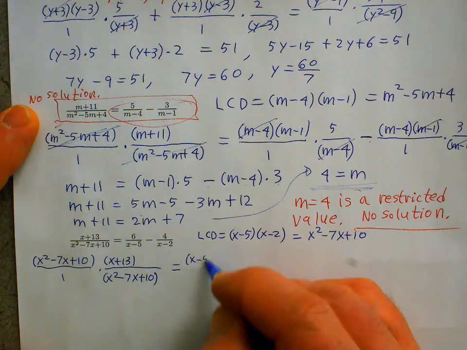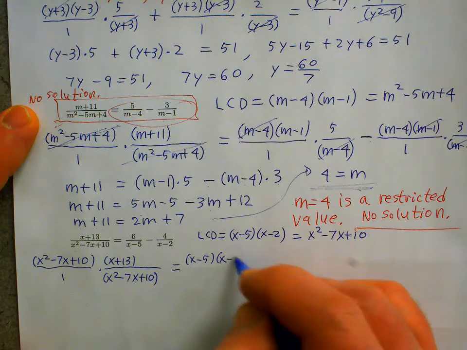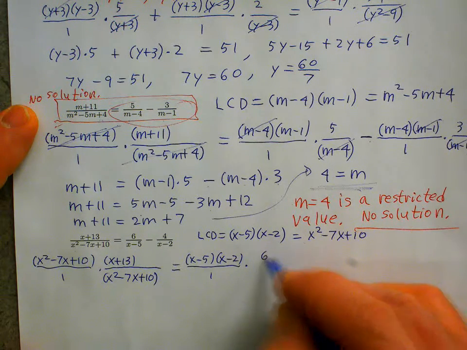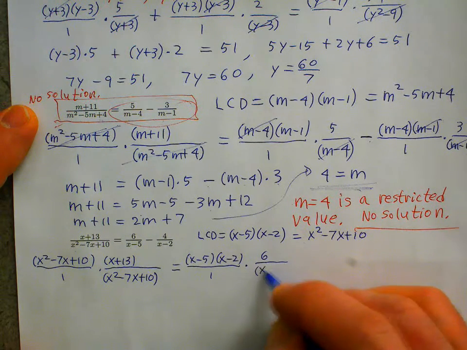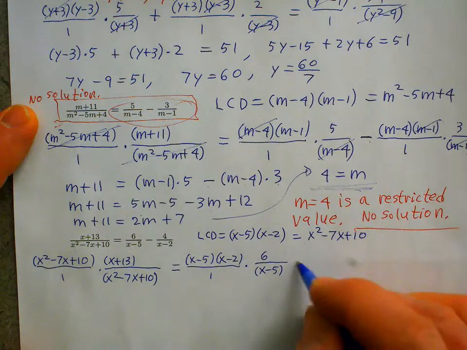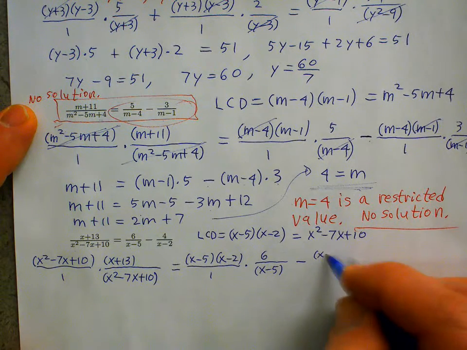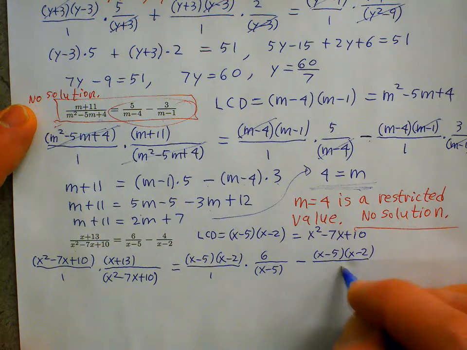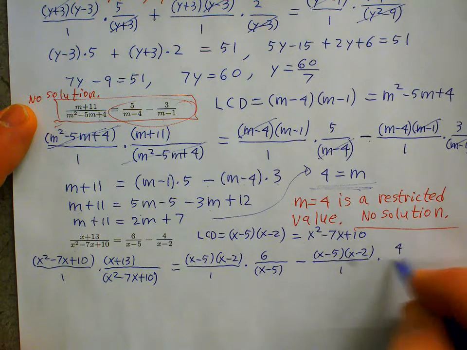X minus 5 times x minus 2 over 1, times 6 over x minus 5. And then minus x minus 5 times x minus 2 over 1, times 4 over x minus 2.